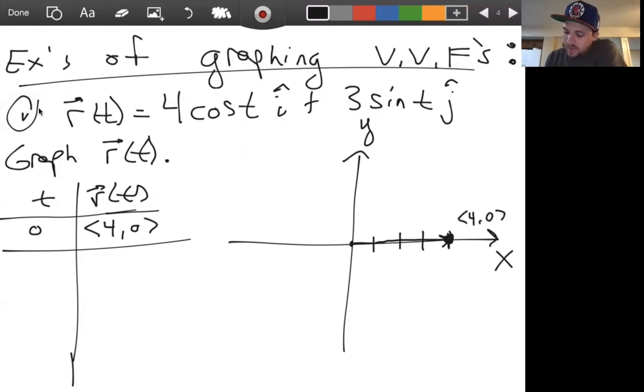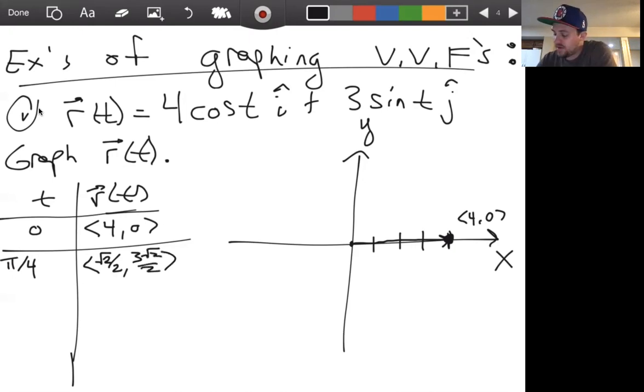Now, let's look at pi over 4, say. If we go to pi over 4, it's going to be 4 times cosine of pi over 4. Cosine of pi over 4 is root 2 over 2, so we're going to have 2 root 2 here. And then the next one will be 3 times sine of pi over 4, which is also root 2 over 2, so now it's 3 root 2 over 2.